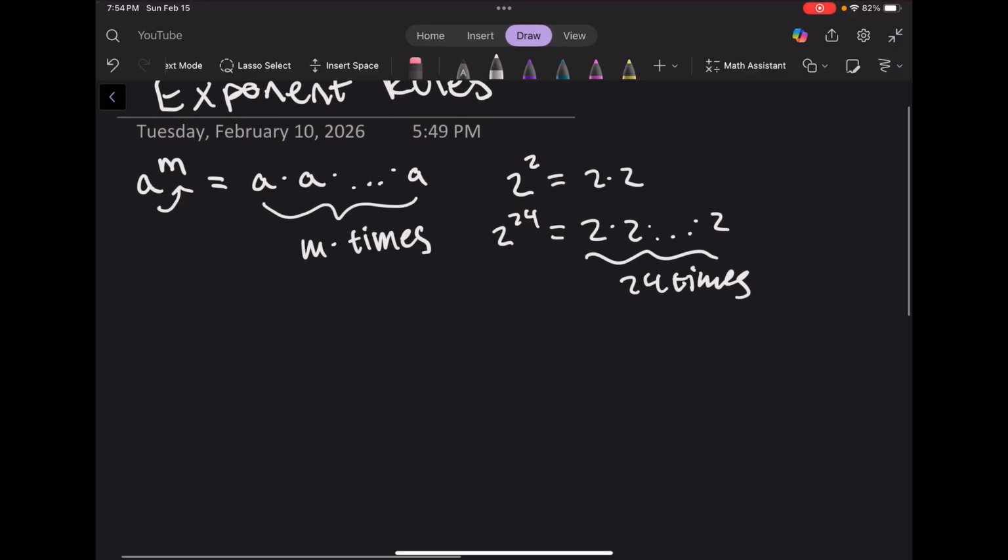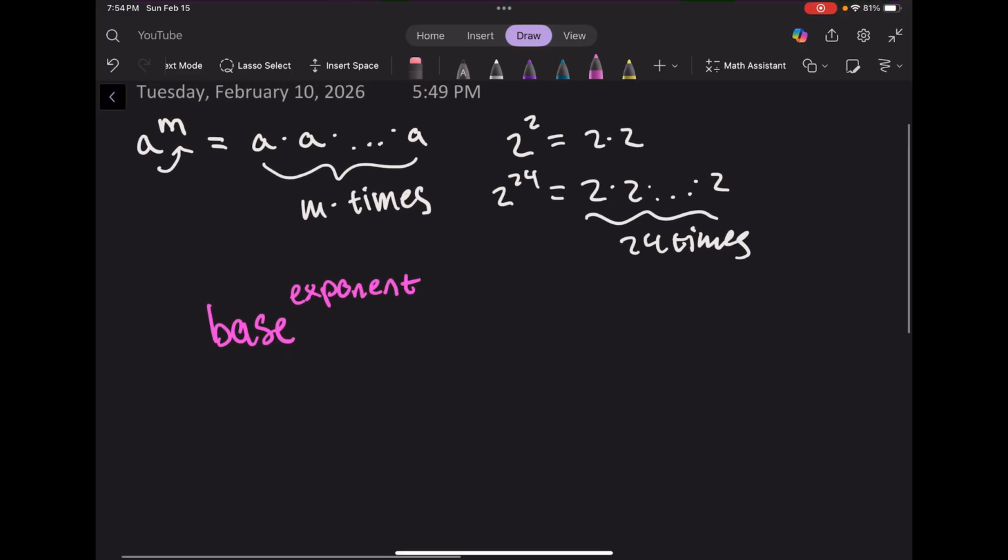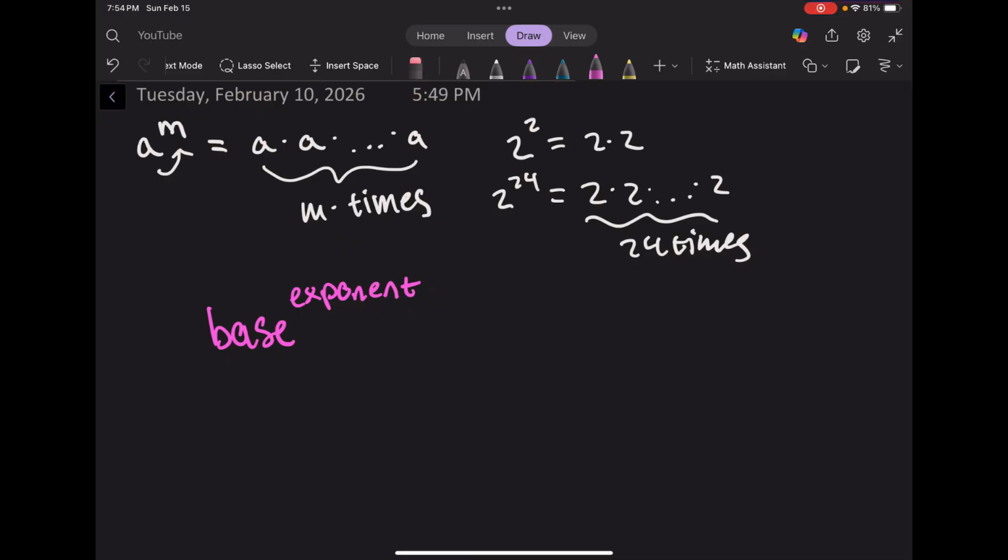And then another thing that I want to make really clear is that there is very particular vocabulary here. So we have a base, and then we have the exponent up here. And we have to be clear about that, and I'll give an example real quick.